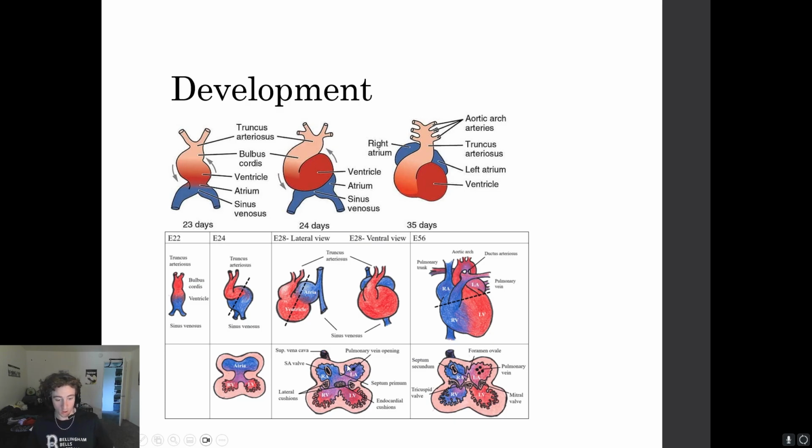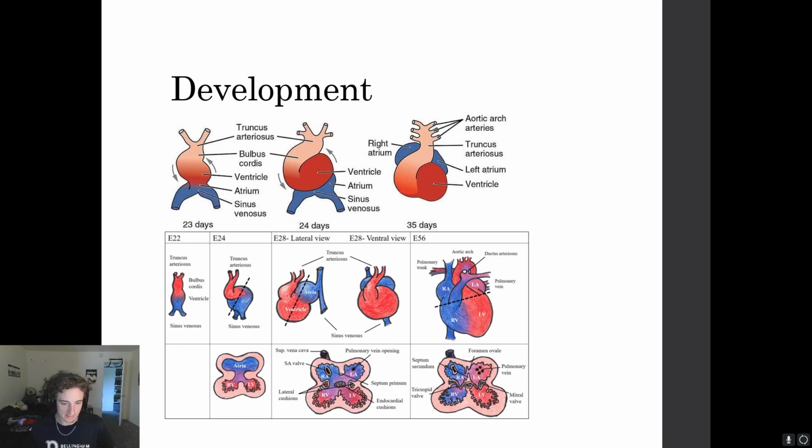And then as we move on, we do see these two right here. And then later on, taking a section right here, we see a little bit of separation between the actual atria and the sinus venosus, which looks a little more familiar, right?